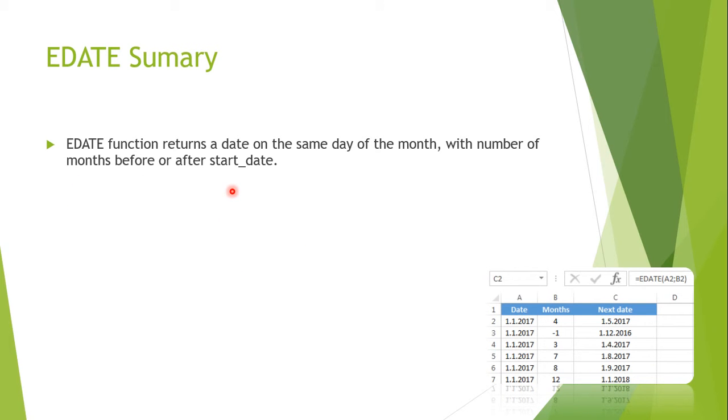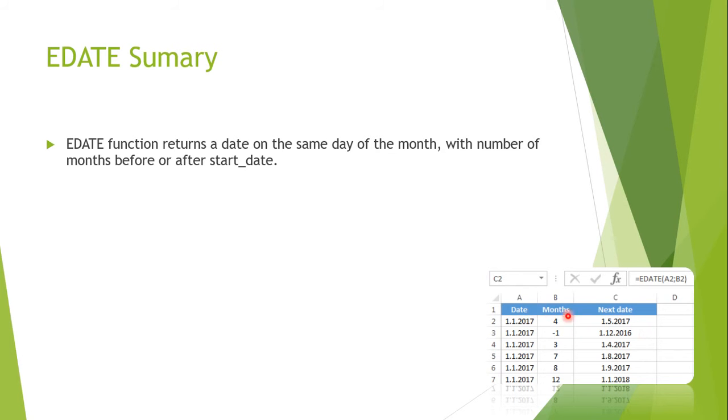The EDATE function returns a date on the same day of the month, with a number of months before or after the start date. So for example, if we have a start date here, as a result of this EDATE function we will receive a date which is after, like in this first row, or before, like in this seventh row, the start date.